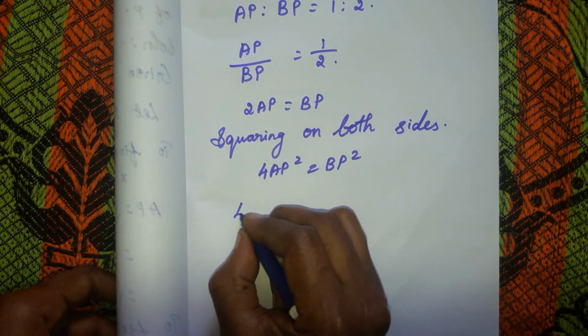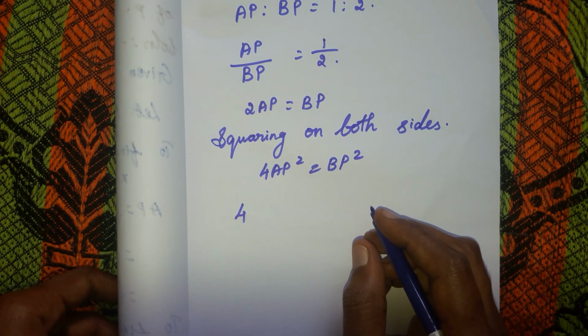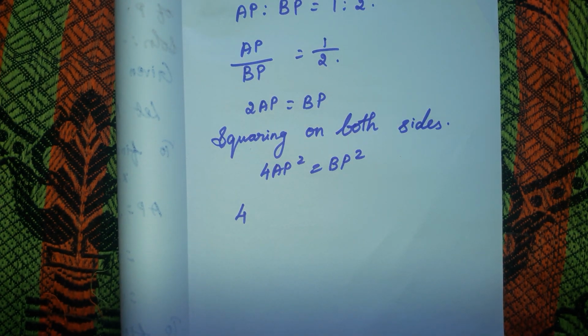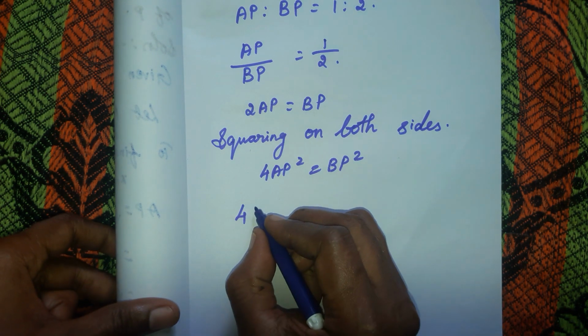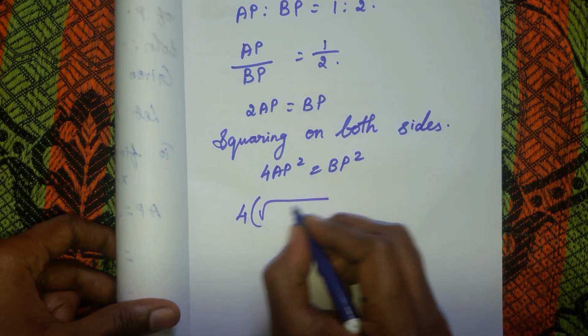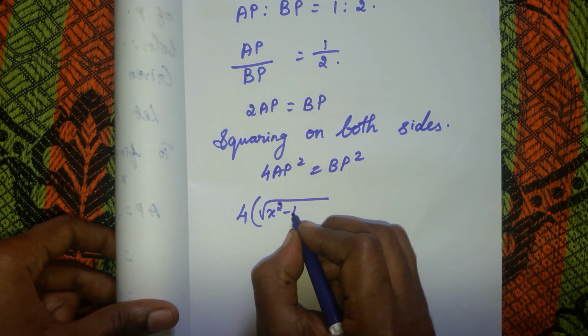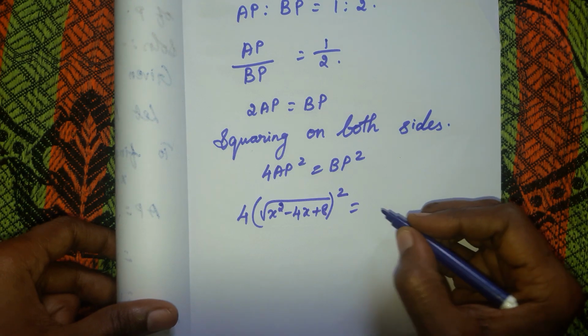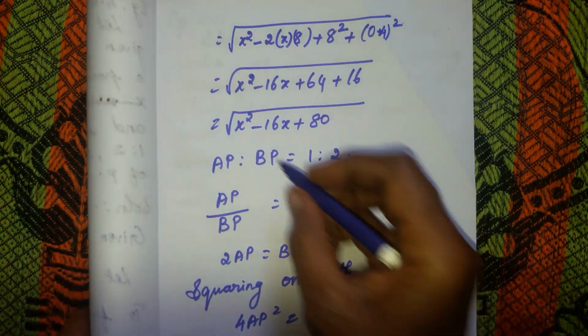Next, 4 into AP square. What is the value of AP? AP value is root of x square minus 4x plus 8, the whole square, is equal to, what is BP square?